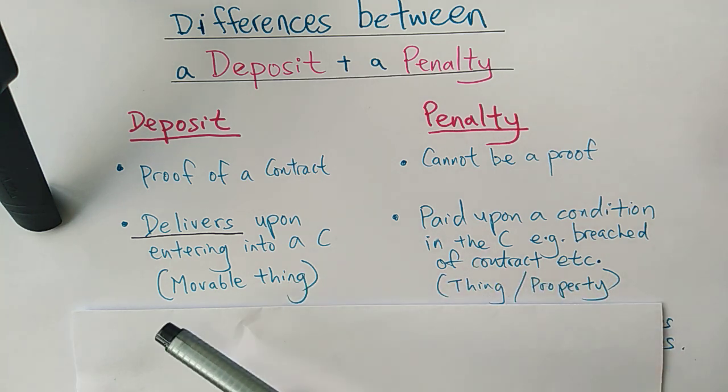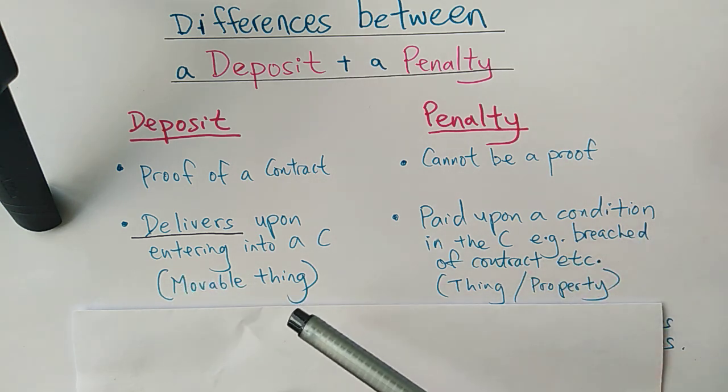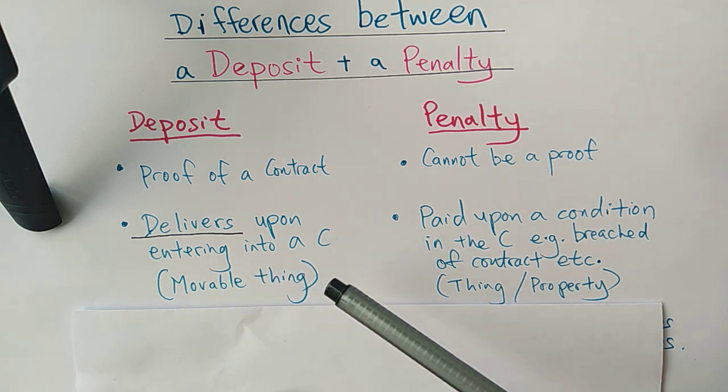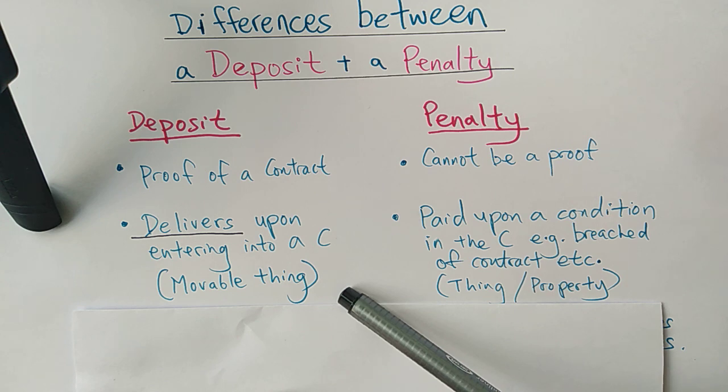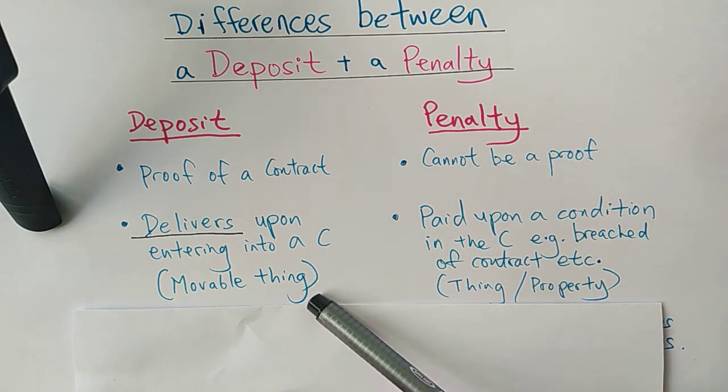So, comparing with deposit, since we're talking about the differences between deposit and penalty, deposit must be delivered upon entering into a contract, which means that the day when the contract is entered into, the day where the offer and acceptance meet, deposit is delivered. And because it's delivered, it has to be a movable thing.